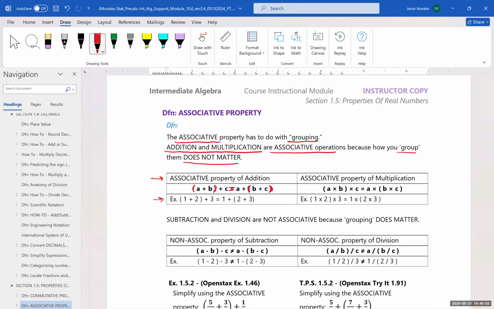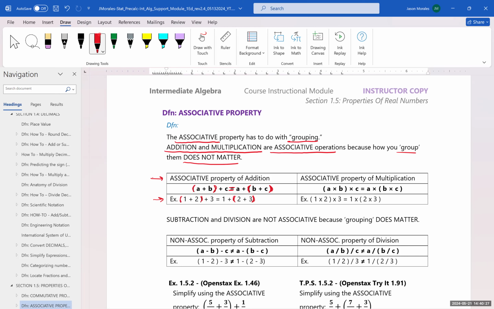You can see we have the numbers 1, 2, and 3 on either side of the equal sign being added together. But I've put grouping symbols around the 1 plus 2 on the left-hand side and the parentheses around the 2 and 3 on the right-hand side. And if addition is truly associative, everything on the left should be equal to everything on the right.